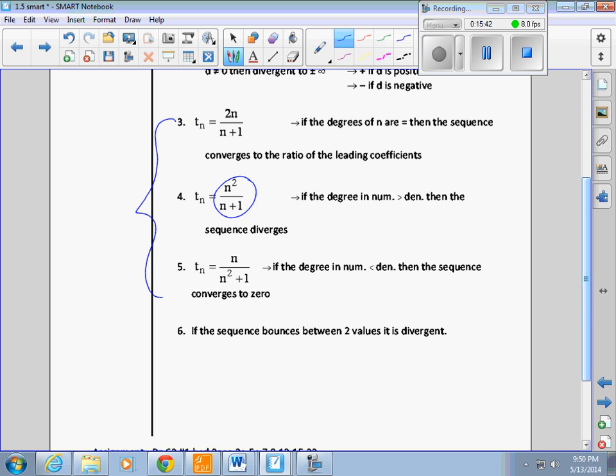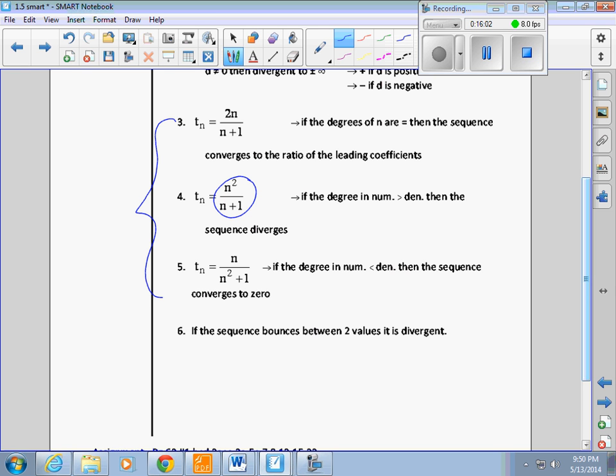If your degrees in the top and the bottom are the same, then your sequence is going to converge to whatever the ratio of those coefficients was. If your numerator degree is greater than the denominator degree, then you're going to have a divergent sequence, can't find the sum. If the numerator degree is smaller than the denominator degree, then the sequence is going to get close to 0.